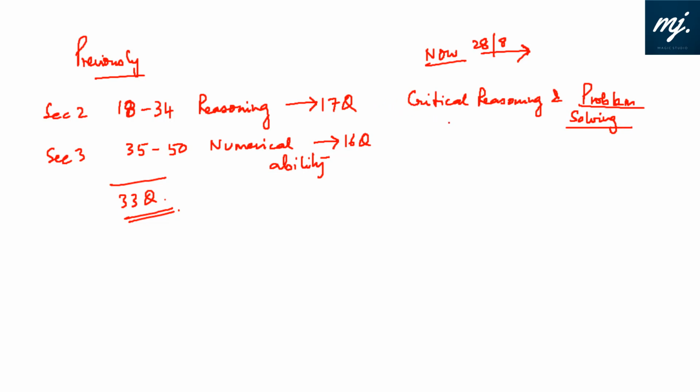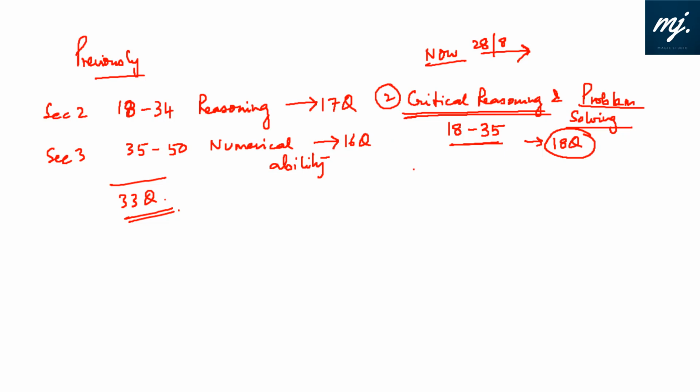This section was from question number 18 to 35, so now in this section 18 questions were asked. Not a single question was from numerical ability. It was full of critical reasoning. And in this session, we will see what different kinds of questions were there in this particular section.